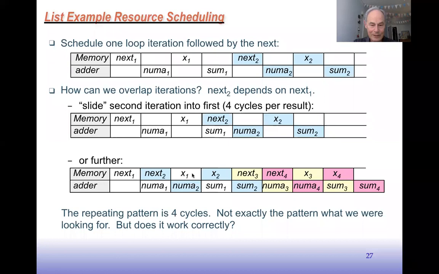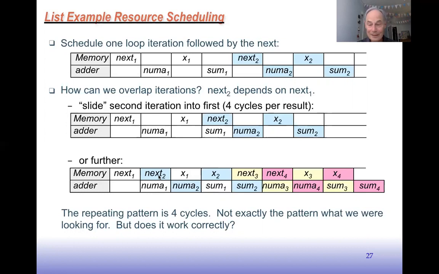So here's a white iteration, and here's a blue iteration, and then here's a yellow one, and then here's a red one. Now this is completely dense, so this is pretty efficient use of the data path, but it's got this awkward thing that we have two next values, we have two NUMA values. I guess maybe this would work, because the next register would get reused by this one here, and then the NUMA, yeah, so this would work.